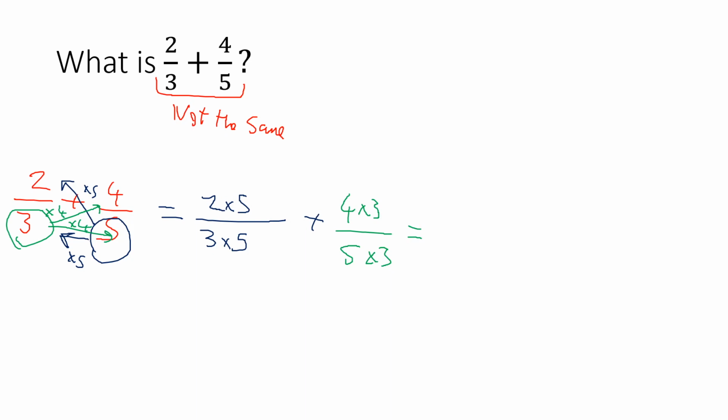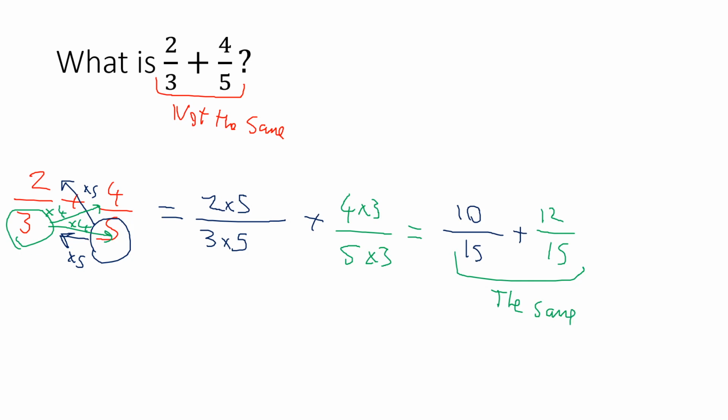So what's 2 times 5? 2 times 5 is 10. 3 times 5 is 15. We're going to add. So 4 times 3 is 12. 5 times 3 is 15. And look, these are now the same.